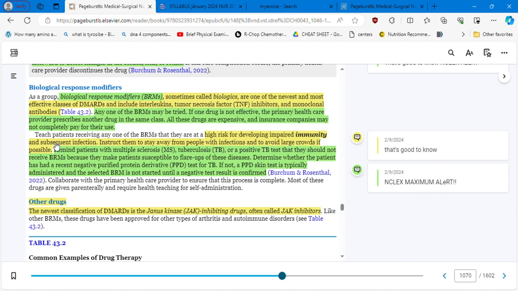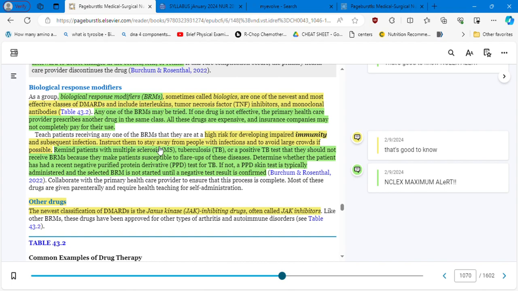Again, if possible, remind patients with multiple sclerosis, tuberculosis, or a positive TB test that they should not receive the biological response modifiers because they make patients susceptible to flare-ups of this disease. So any patient receiving the BRM is going to develop flare-ups of multiple sclerosis.